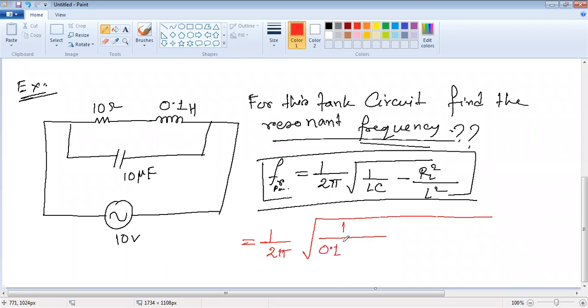C is 10 microfarads, so 10 into 10 to the power minus 6. Okay, this is LC minus R square by L square, where R is 10. So this is 10 square by L square, L is 0.1 and that is squared.